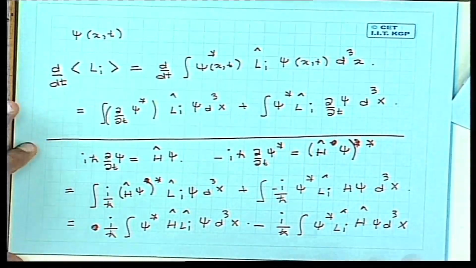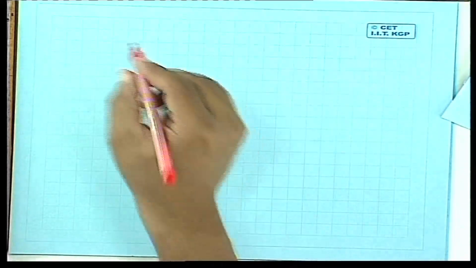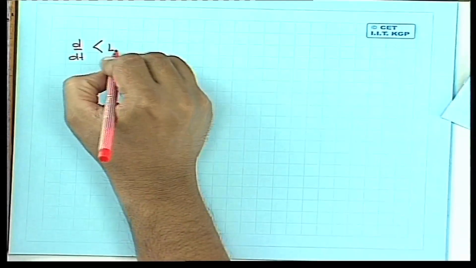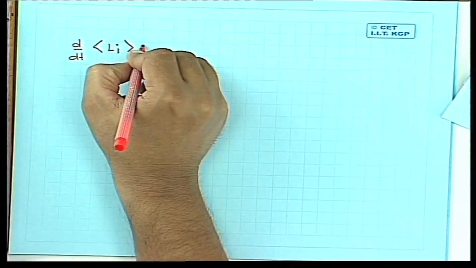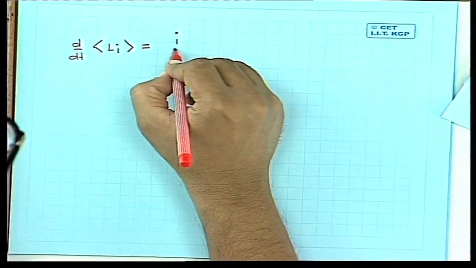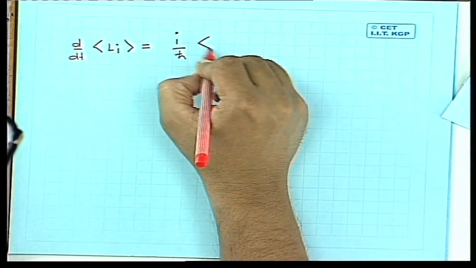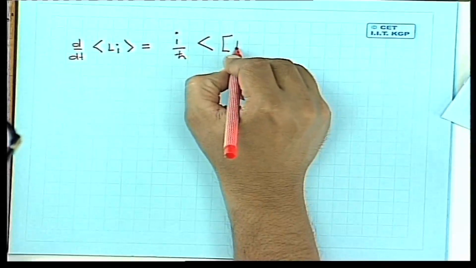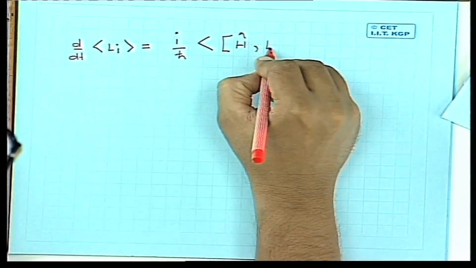So what do we get? We find that d by dt of the expectation value of Li is equal to i by h cross into the expectation value of the commutator of H with Li.